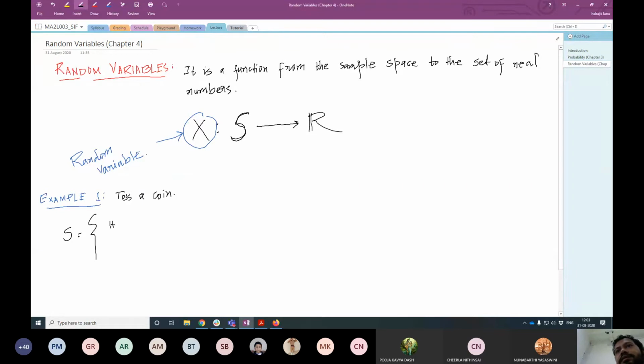One is head, and the other one is tail. Now, if we assign two numbers to this, so let's say I assign head means 1 and tail means 0, and call this association by x, then this x is a random variable.